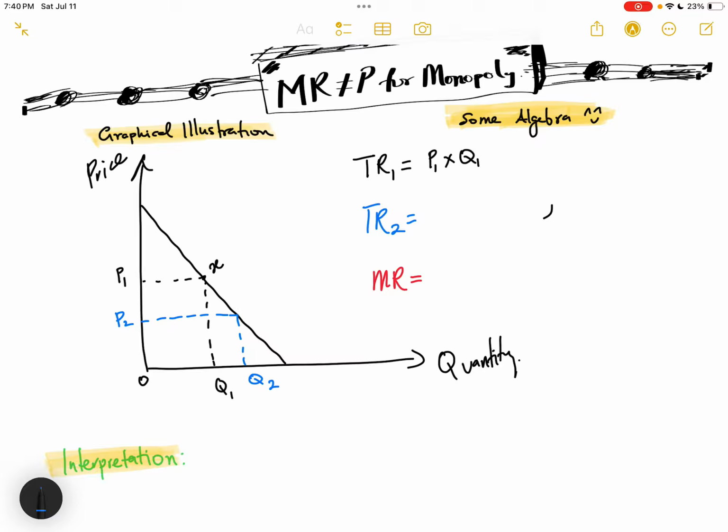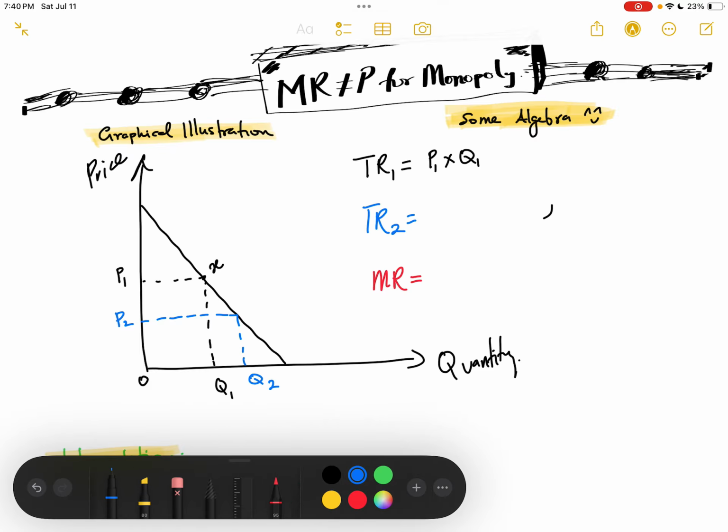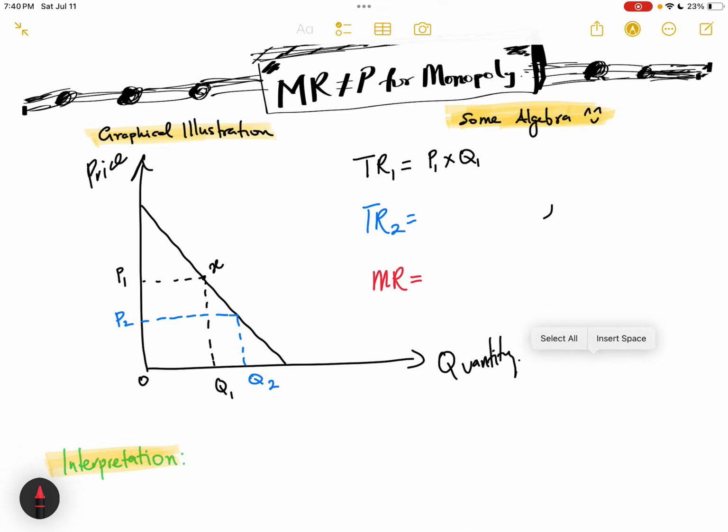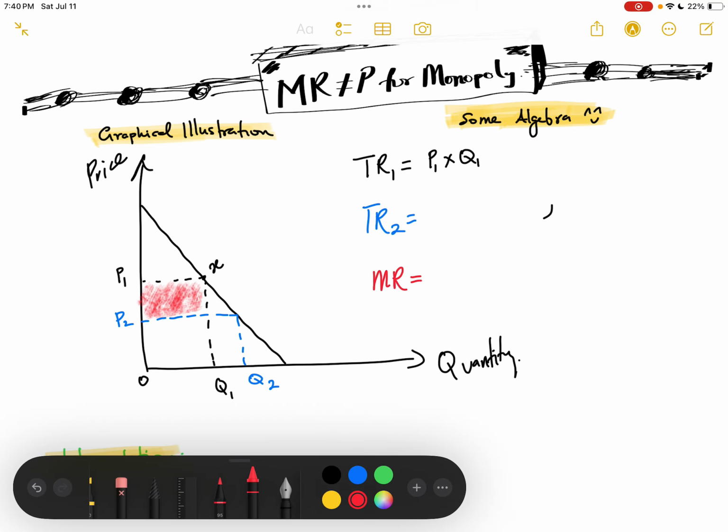Well, because we are selling a larger quantity, Q2, you can see that we have lost some, and I'm going to shade that in crayon. You can see that we have lost some total revenue right here. All right. Let's call that area A.